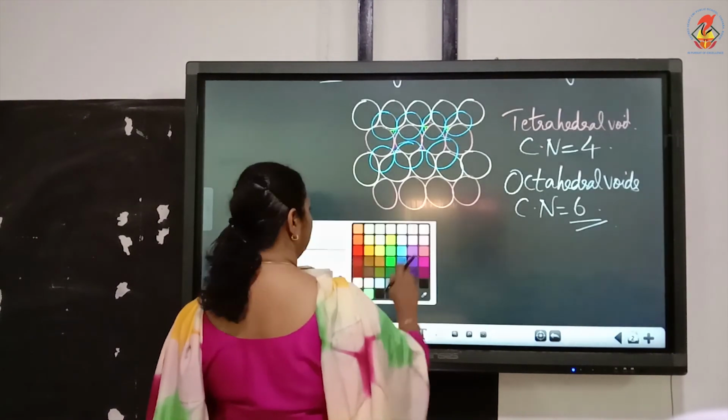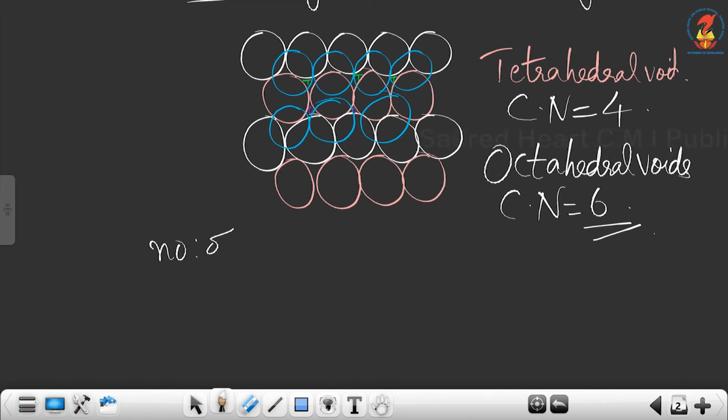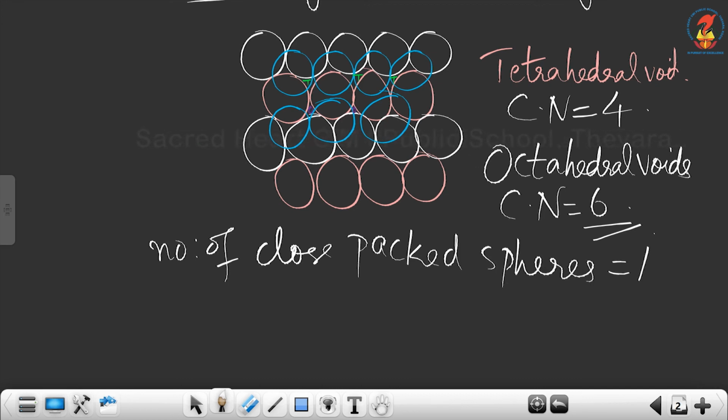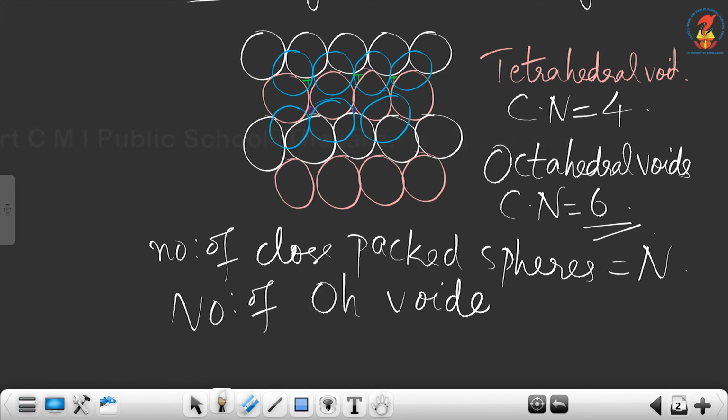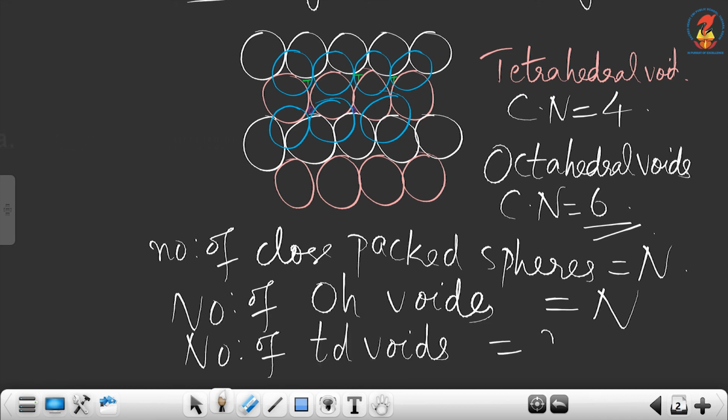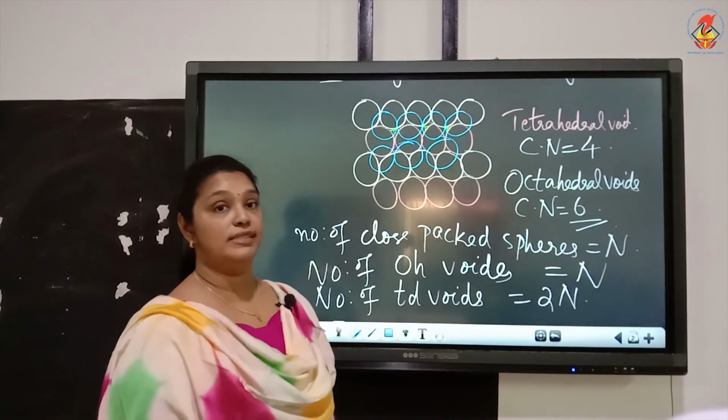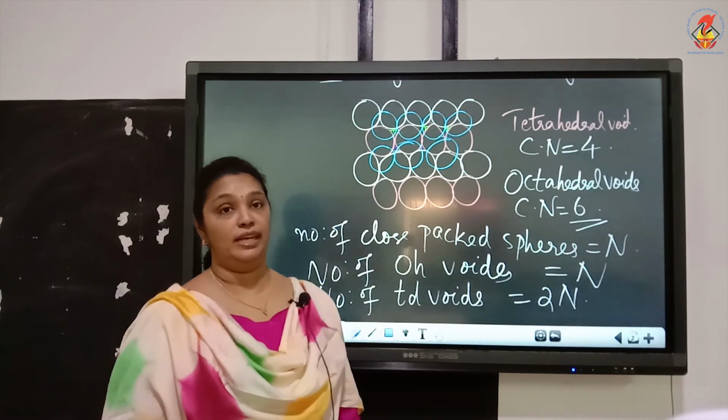Suppose the number of close packed spheres is equal to capital N, then the number of octahedral voids will also be equal to capital N, and the number of tetrahedral voids will be equal to 2N. So you can see the number of tetrahedral voids is more than the number of octahedral voids.